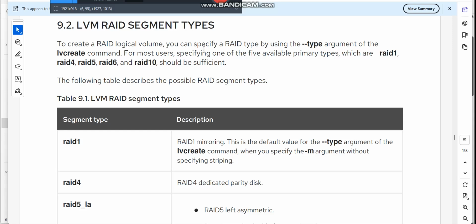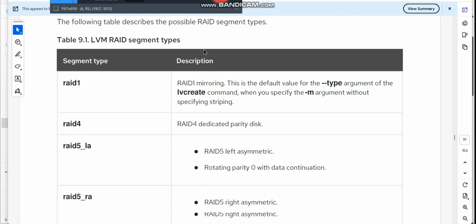The following table describes the possible LVM RAID segment types. Segment type and description: raid1, mirroring.